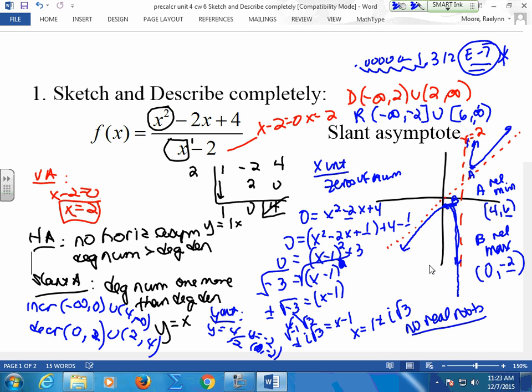And last, concavity. So we have a concave up and we have a concave down. So my concave up says this little piece is going up. Makes a cave up. From where to where? 2 to infinity.